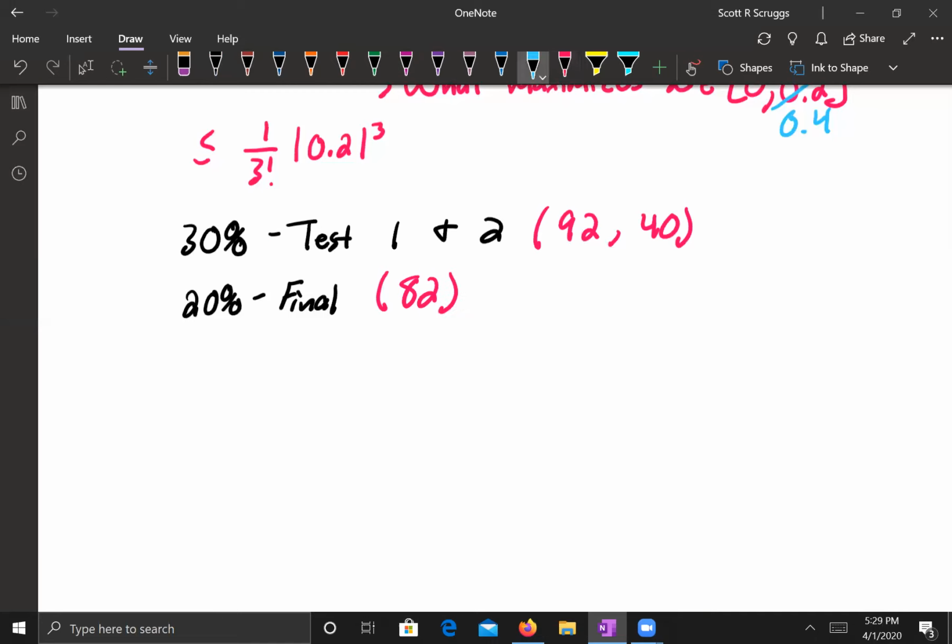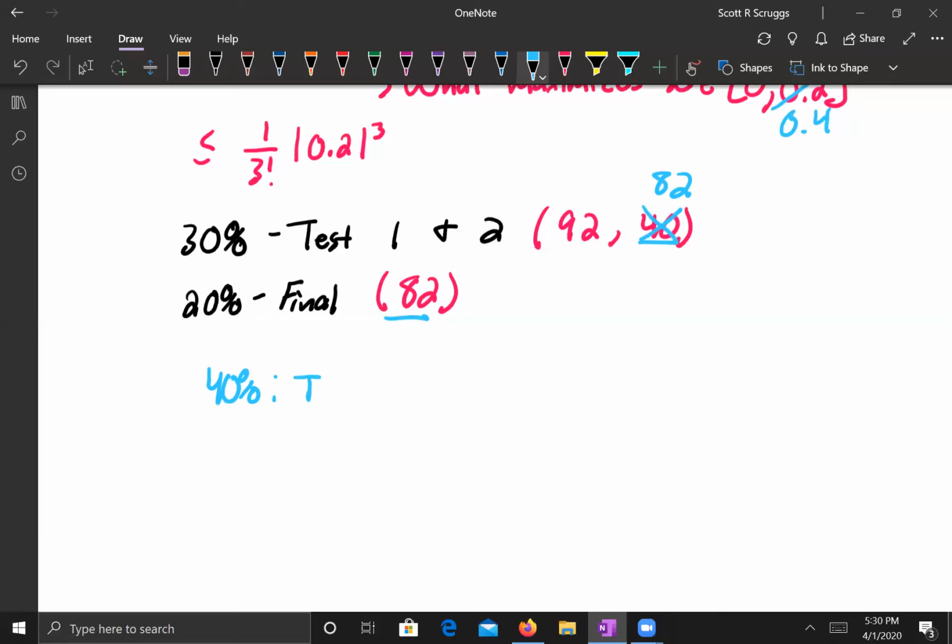So we're still going to do the policy where if your final is higher than one of your lowest test grades, we're essentially going to say, okay, I'm going to pretend that 40 didn't happen, and that's going to be 82, which in that case would then bump him up.